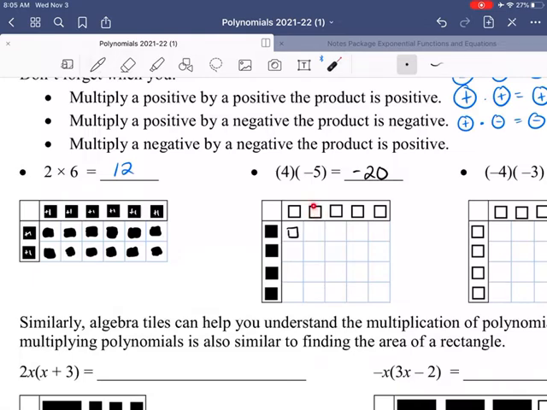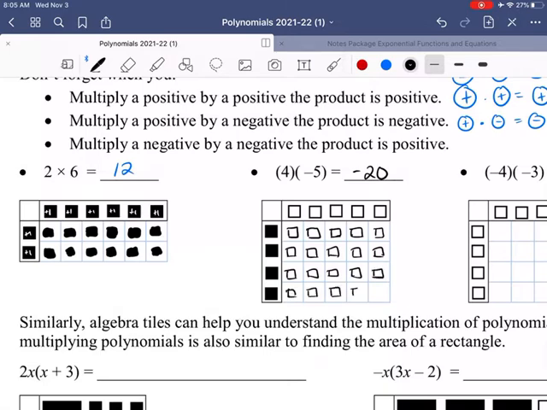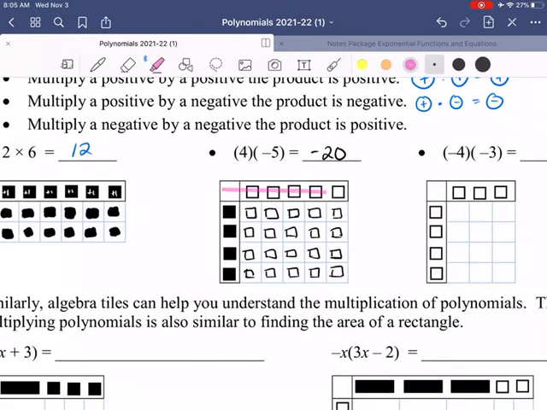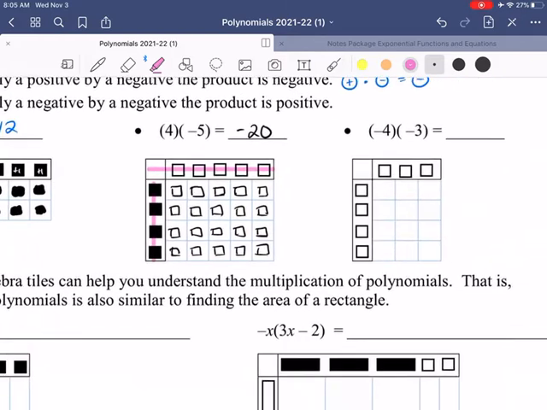In fact, the whole array is going to be a whole bunch of negative 1s, 20 of them. So our result is negative 20. What we're doing here is multiplying this top row by the row on the left, and the result goes in the middle.